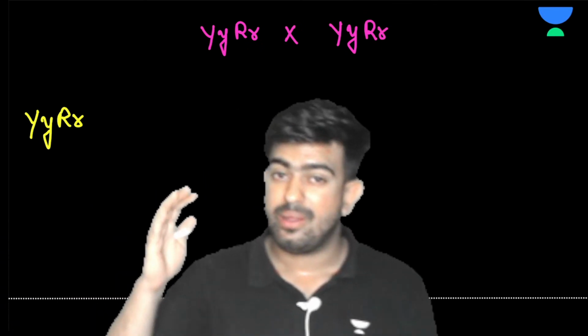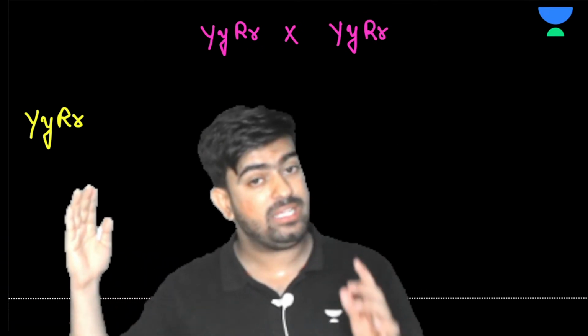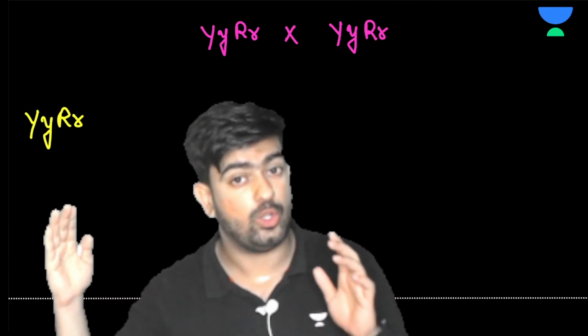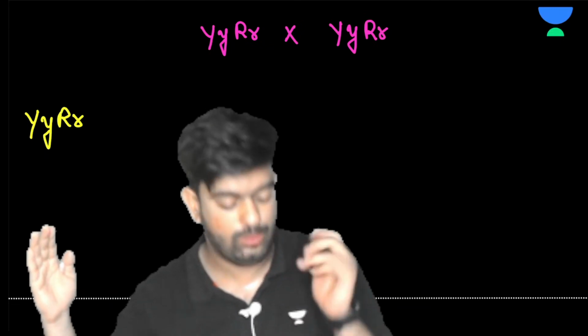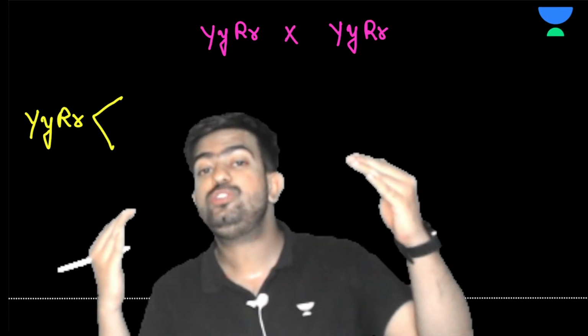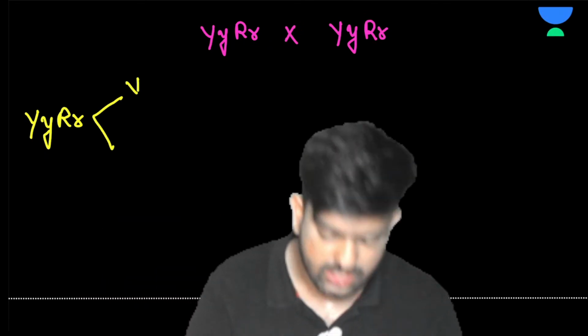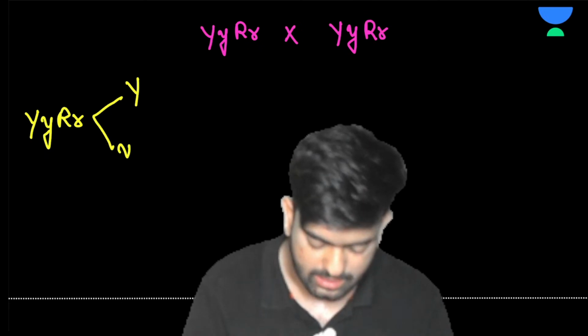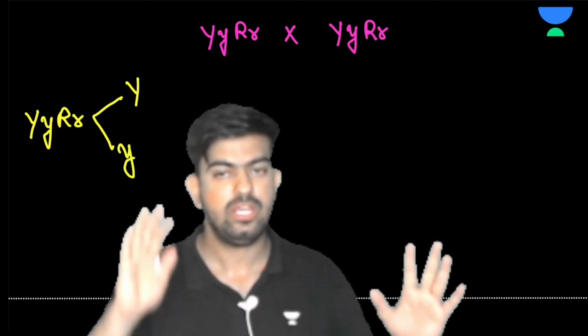Homozygous pairs are not there; heterozygous pairs are there. So we are going to bifurcate the heterozygous pair, which is capital Y and small y.